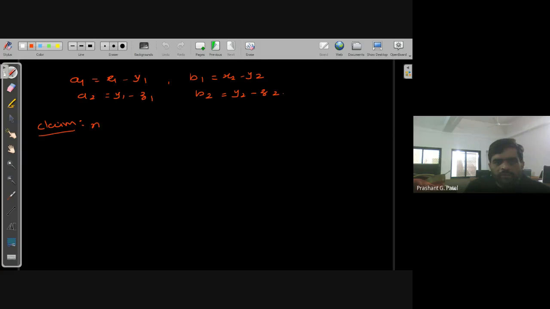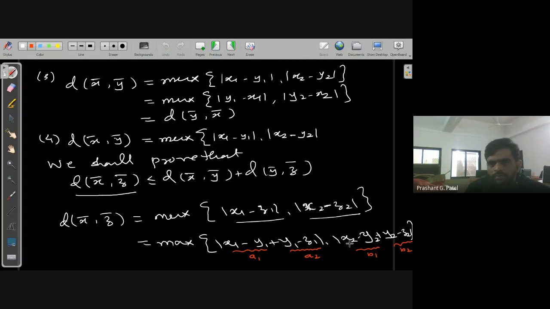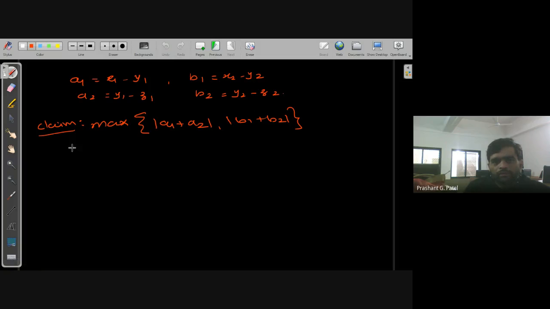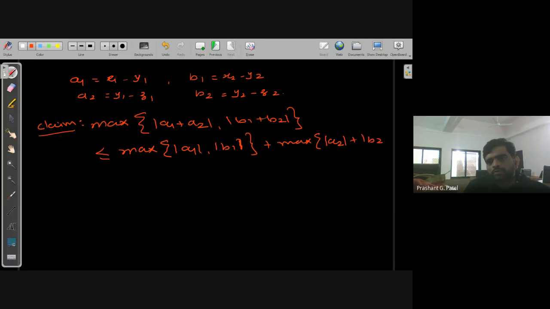This is the claim: the maximum of |a1 + a2|, |b1 + b2|, which is exactly the same thing which we have here, is less than or equal to the maximum of |a1|, |b1| plus the maximum of |a2|, |b2|.